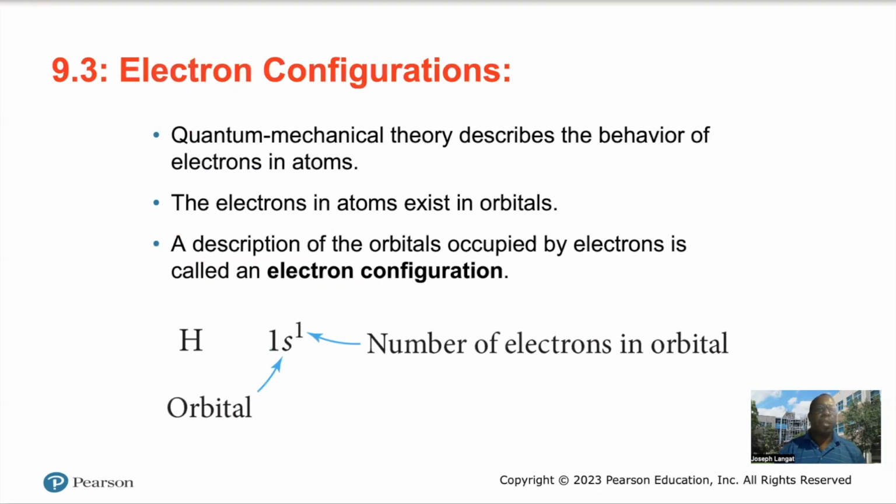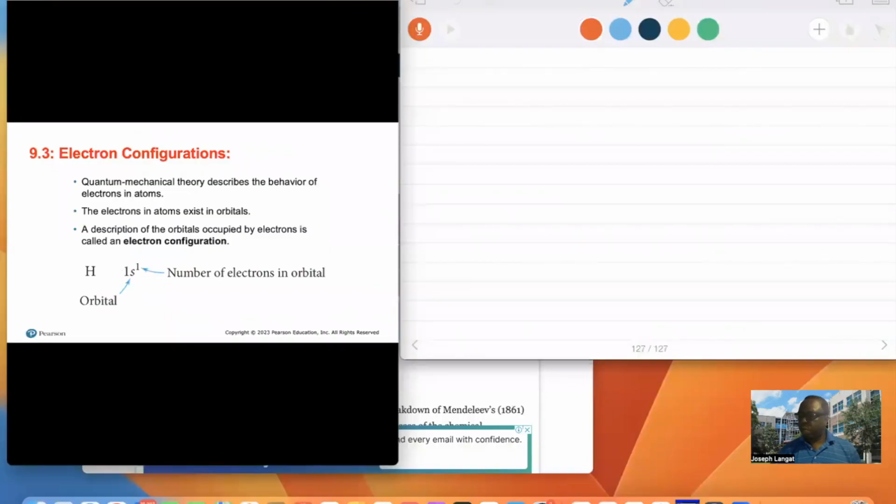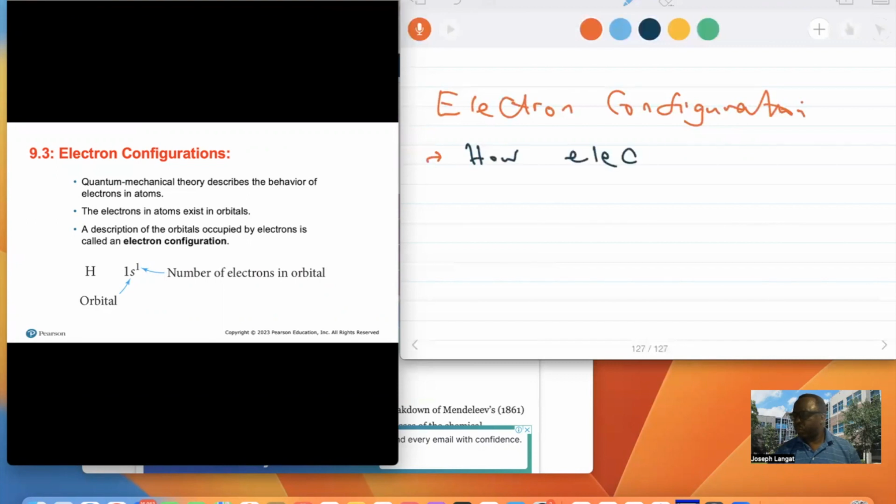Well, 9.3, electron configuration. I will just define electron configuration loosely. Electron configuration is how electrons are arranged in an atom.